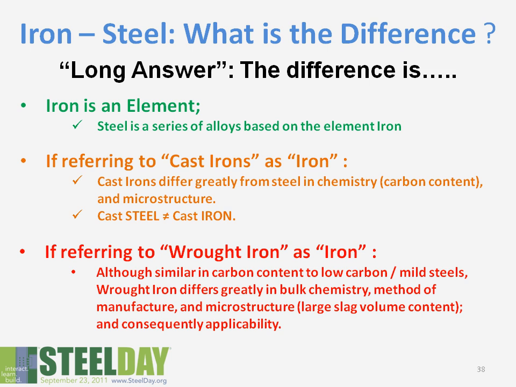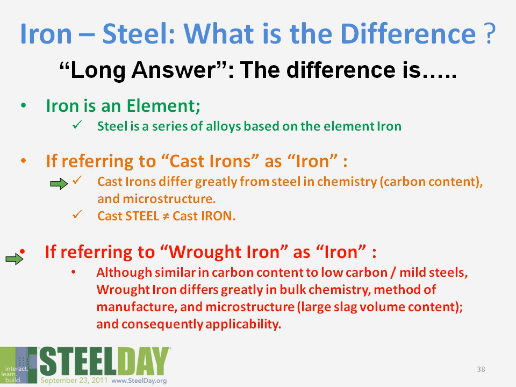So the long answer to the difference between iron and steel comes down to iron as an element. If we refer to cast irons as irons, there is a big difference in the microstructure and in the carbon contents. And again, keep in mind, cast steels are not the same as cast irons.